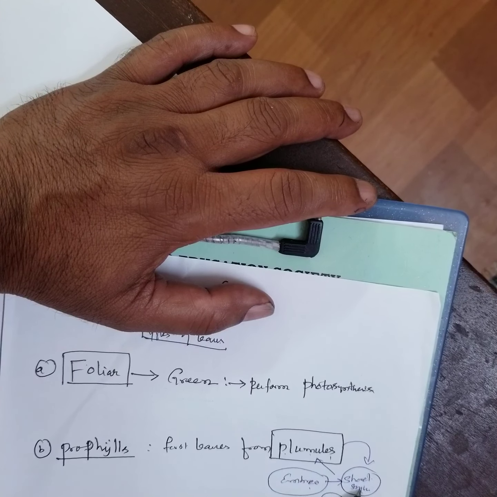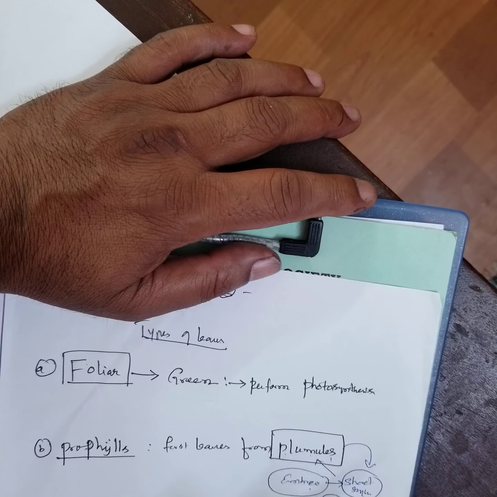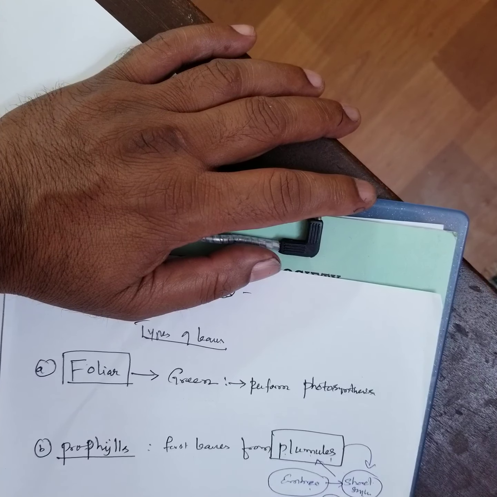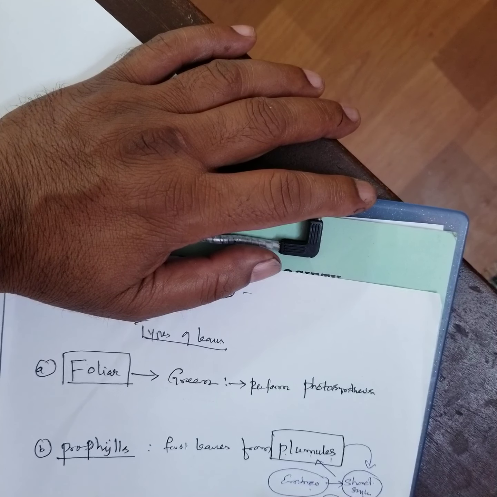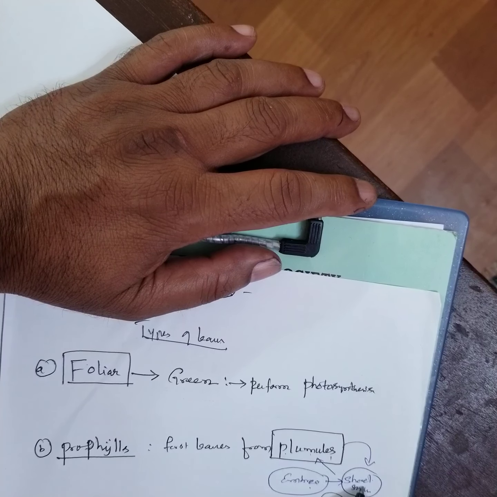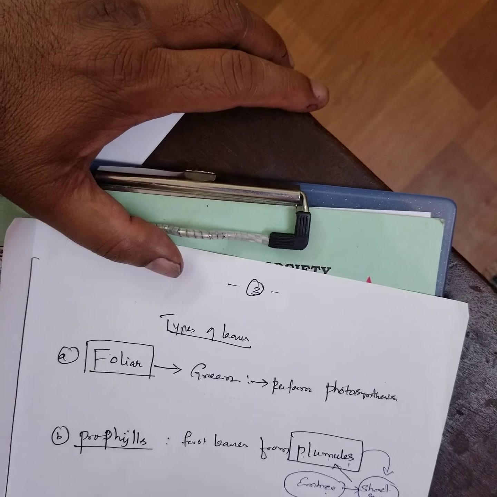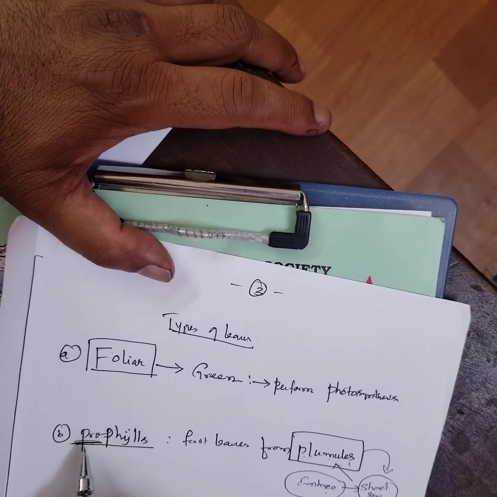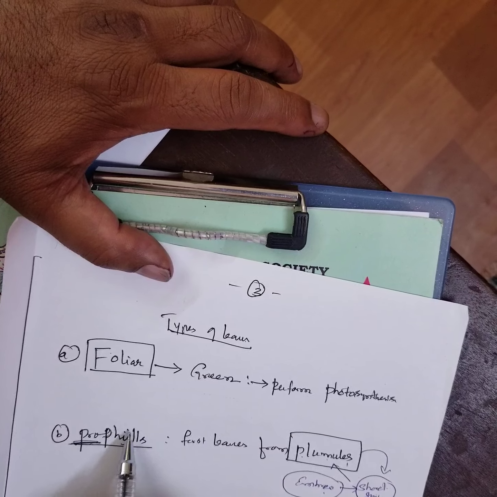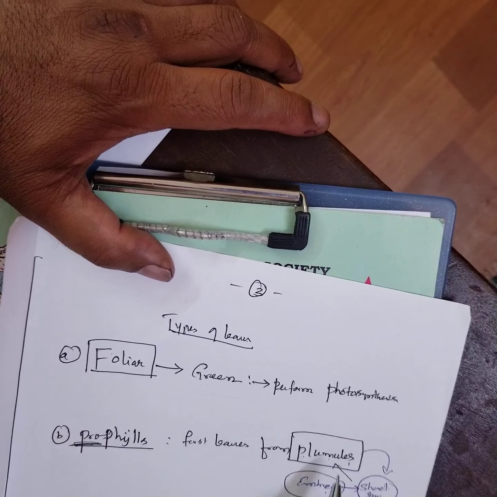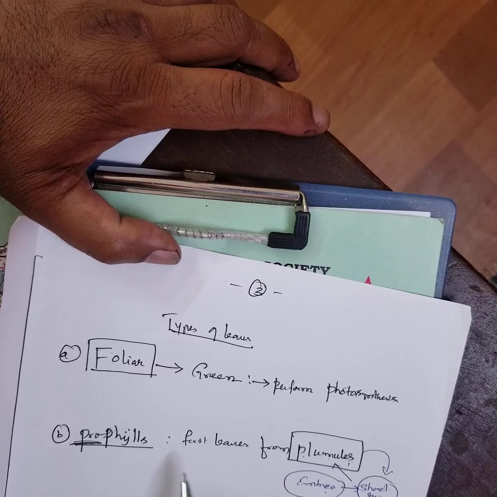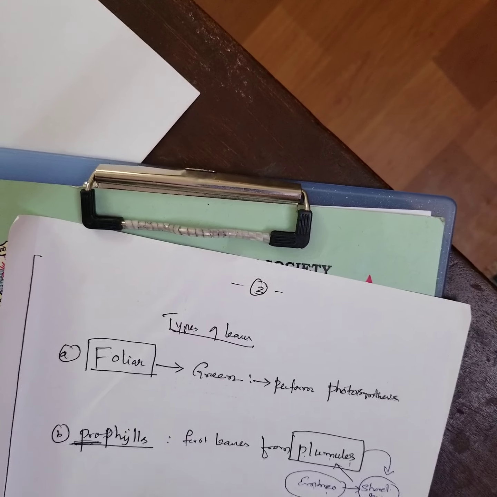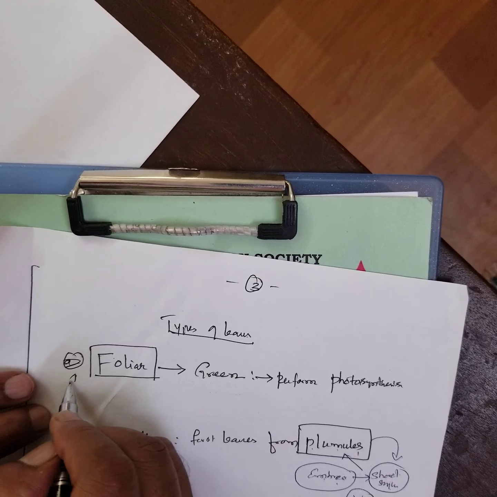Plumules are responsible for development of the shoot system. Radicle is responsible for development of the root system. This is the shoot system. Whatever emerges from the plumule is called prophyll. Phyll means leaf. Pro means beginning. Therefore, remember these two words. So I'll put the number. There are 6 types.